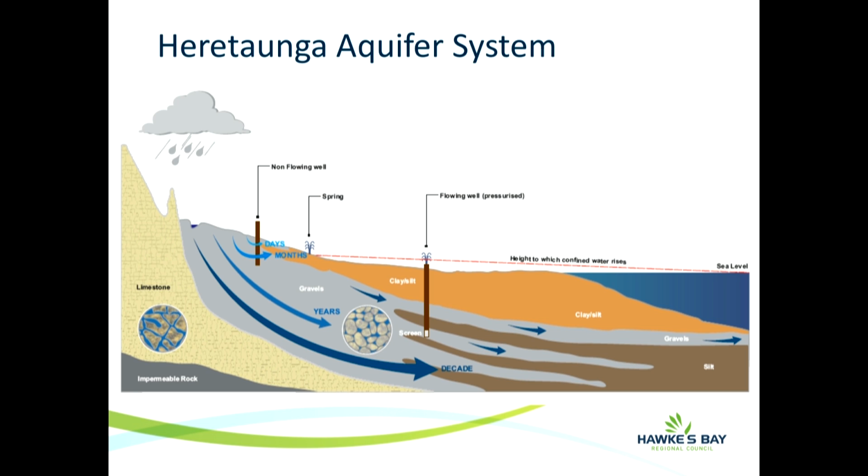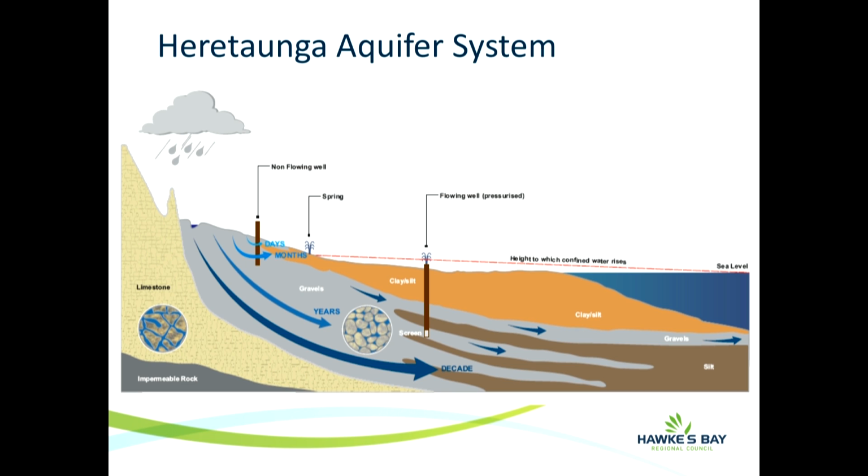Up here you can have a non-flowing well in the unconfined area, where you're having to pump water out, and down here in the confined area, water's artesian because the pressure is created up here, at a higher elevation, so your water discharges above the ground surface without pumping. There are also natural springs in the semi-confined area, and then finally there's discharge out to sea.